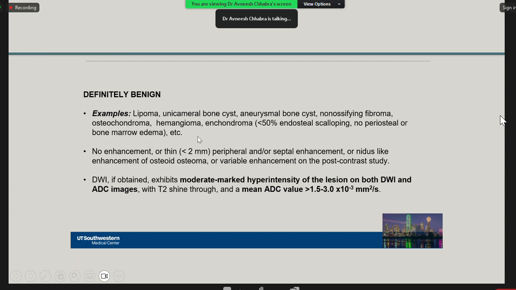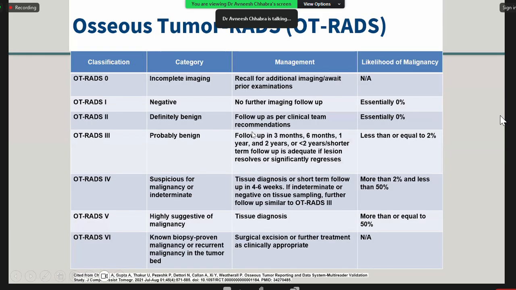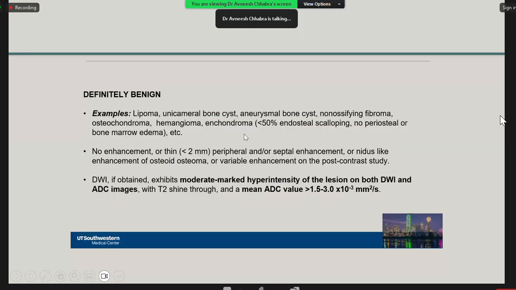Leaving means that the clinician may still opt to treat, but basically you are saying that there is no further imaging for 1, and then for 2, follow up as per clinical team. If you want to follow it after treatment, it's up to you when you want to follow it, but we are calling it benign. And then there are criteria listed, which you already know in your practice, so I don't have to go through that.